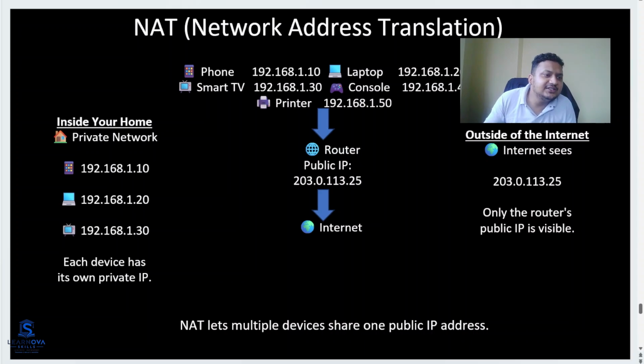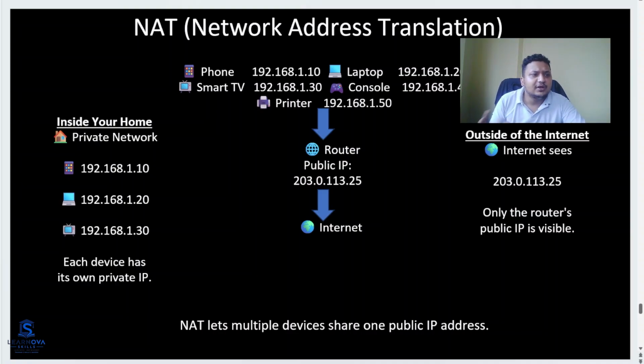But when these devices access the internet, the outside world can see the public IP associated with my network. This is where NAT comes in. NAT allows multiple devices using private IP addresses to communicate through a shared public IP address. So inside the home we have multiple private addresses. Outside the network, the internet sees the public facing address.